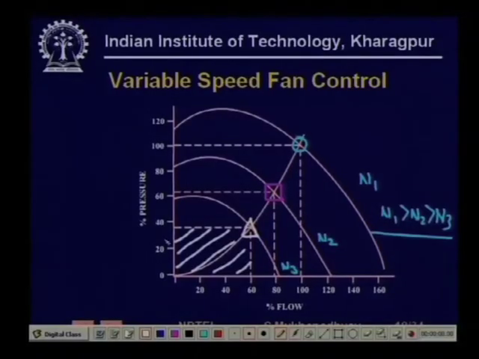So this is the area required, this is the energy, and similarly for the second operating point this is the energy, and for the third operating point this is the energy.